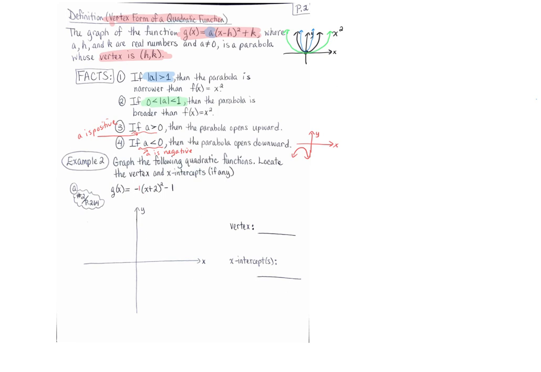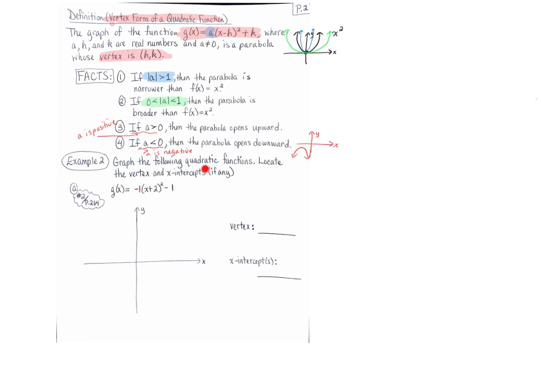So if you need to write that there, do that if it makes you happy. So this is negative 1 times the quantity x plus 2 squared minus 1. This is already in the standard format for the vertex form, g of x equals a times the quantity x minus h squared plus k.